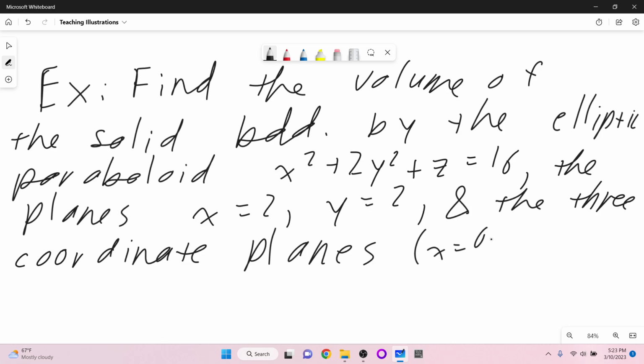That's x is 0, y is 0, z is 0: XY plane, XZ plane, YZ plane. Yeah, I think I said all of them.